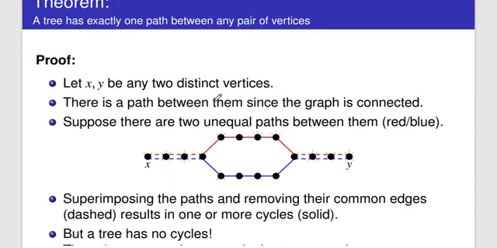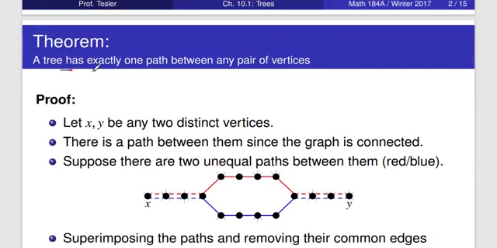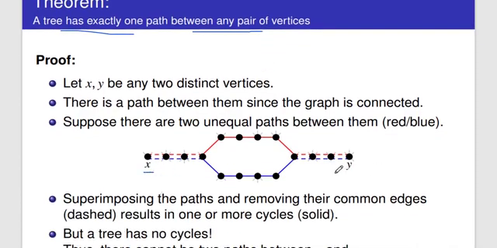Then a tree has exactly one path between any pair of vertices. There are no multiple edges; if you connect any two vertices there is exactly one path. Suppose there are vertices 1 to 10, and x and y are two vertices. If you join x to y and it is a tree, then there should be only one path.